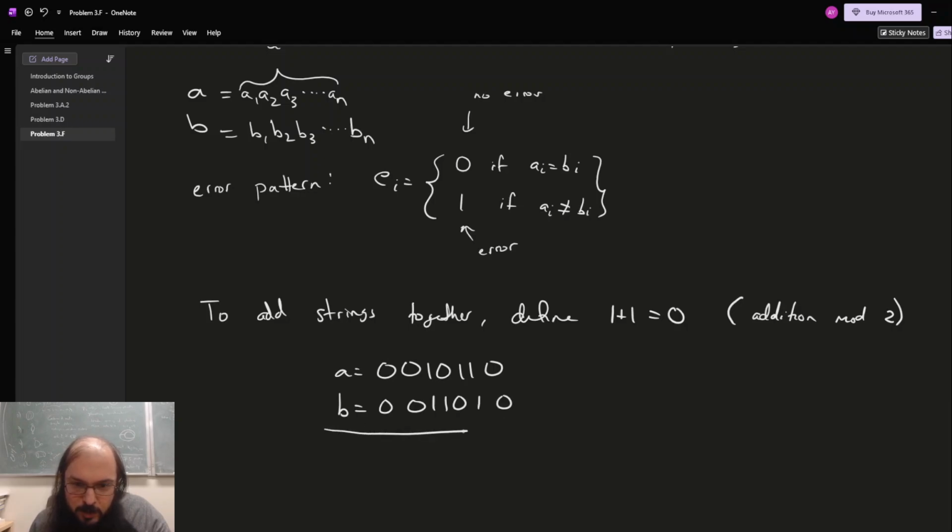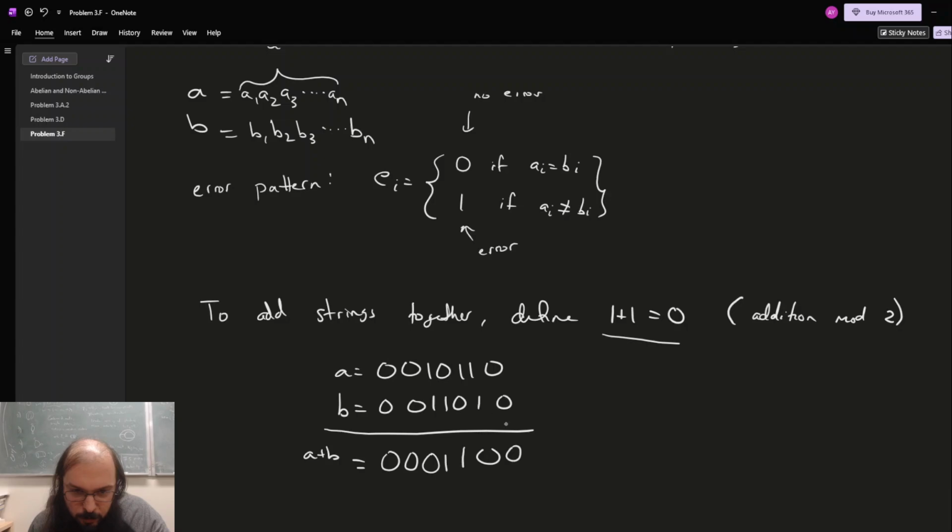To form A plus B, we can just do bit by bit adding. So 0 plus 0 mod 2 is 0. 1 plus 1, we define that to be 0. 1 and 0 makes 1. 0 and 1 makes 1. 1 and 1 makes 0. 0 and 0 makes 0. 0 and 0 makes 0.